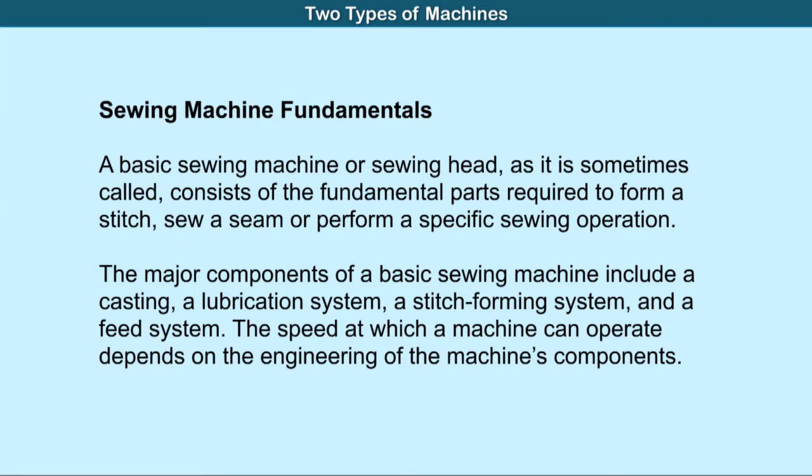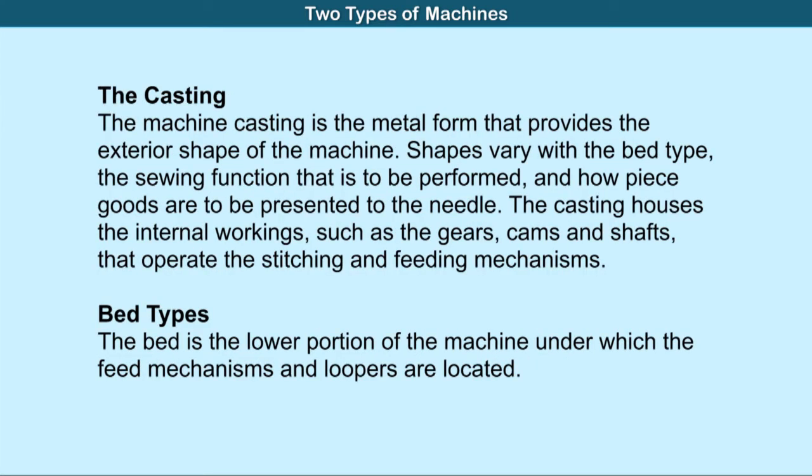The speed at which a machine can operate depends on the engineering of the machine's components. The casting. The machine casting is the metal form that provides the exterior shape of the machine.